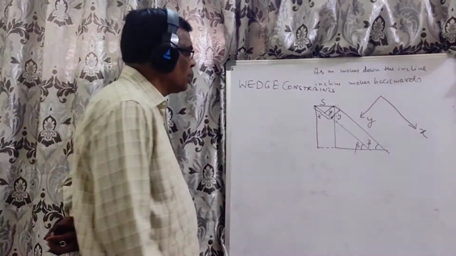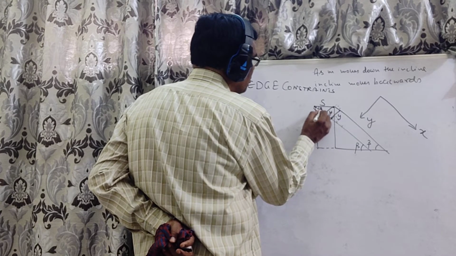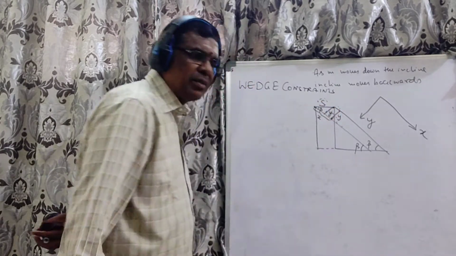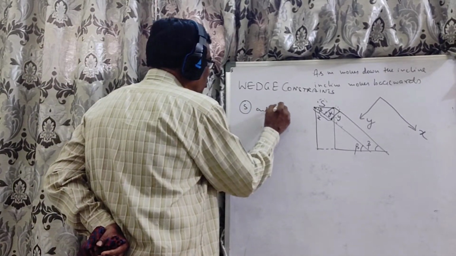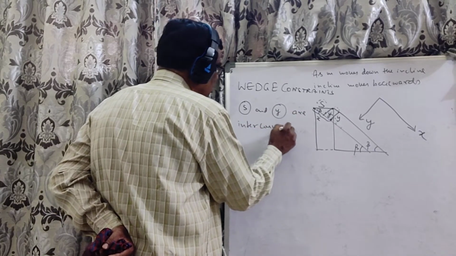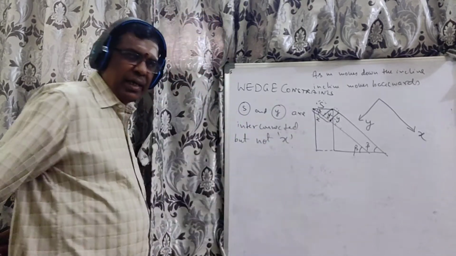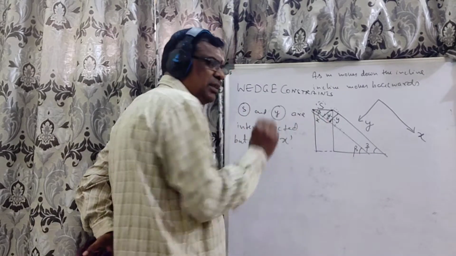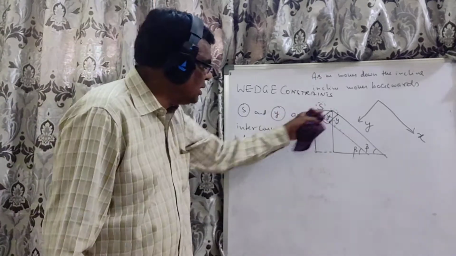Now this is beta. Can you tell me what beta is? So, your s and y are interconnected. Be careful. s and y are interconnected, but not x. Why? From the diagram, whether I take x here, here, here, here, your y is the same. If s is more, y will be more. If s is less, y is less.